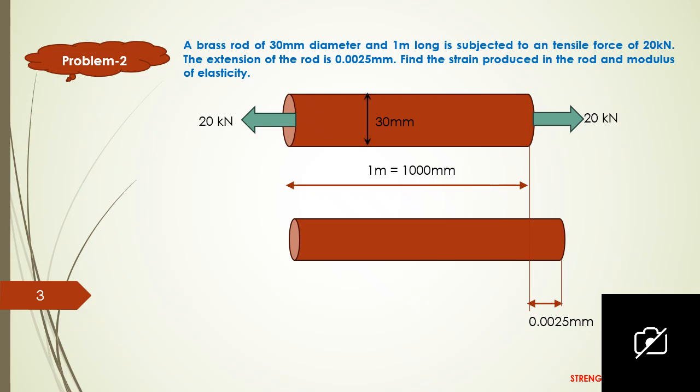So we have to convert the actual length into millimeter, that is 1 meter equals 1000 millimeter. So you can easily find the value of strain, and from the previous problem we have calculated stress. So modulus of elasticity means stress by strain. Hope you all understand this concept.